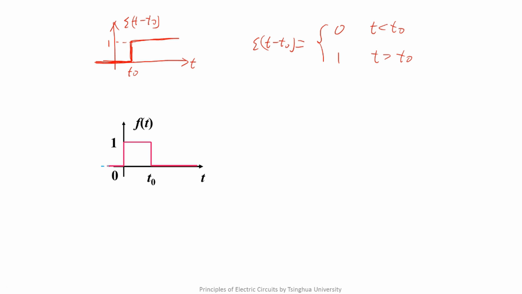The first function is epsilon t. Of course, it's different from the previous ft. Their difference is the value when t is greater than t0. So we need such a function to compromise with epsilon t. Their sum is the window function of ft.